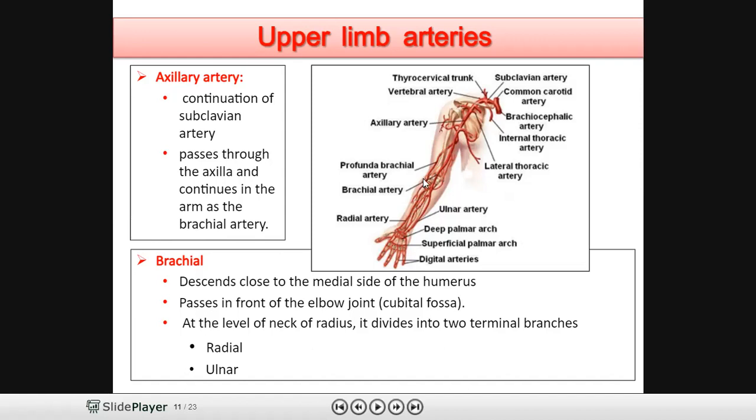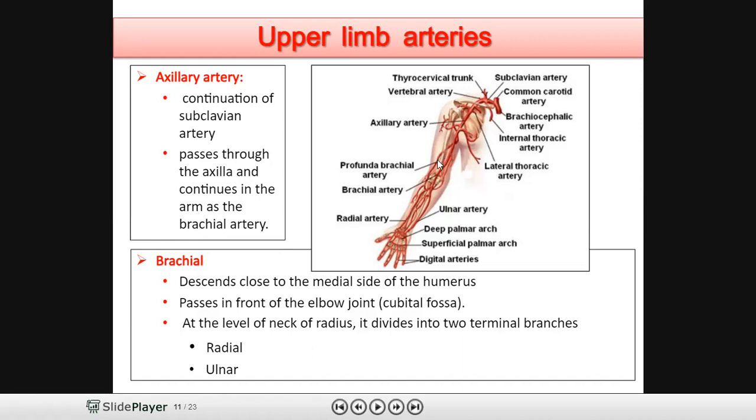But there was one artery we didn't mention. Now, if you look at this place, before this brachial artery got to the cubital fossa, it gave off a deep branch, which is called profunda brachii artery.